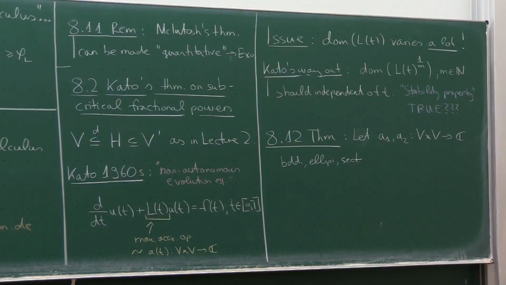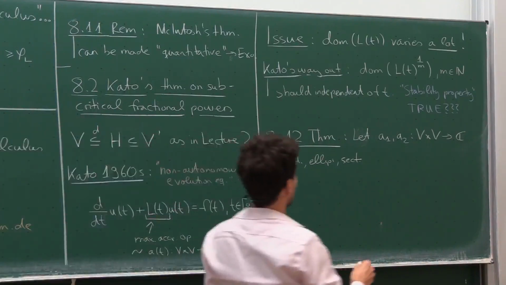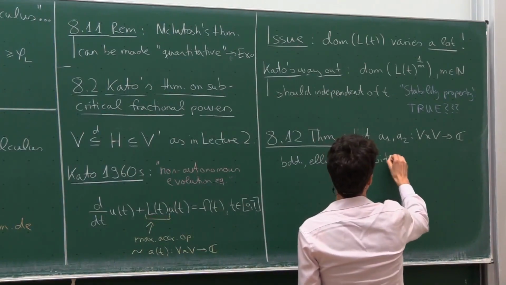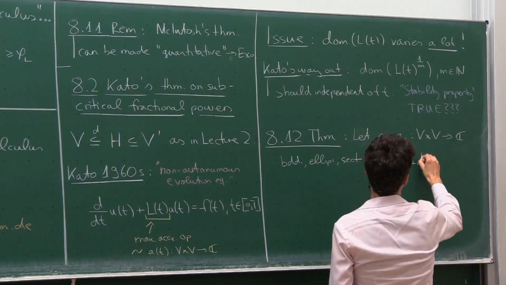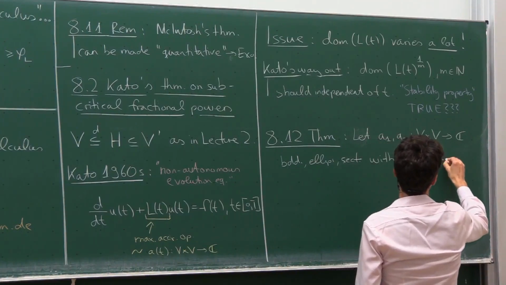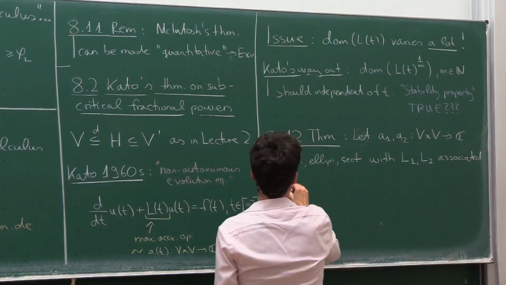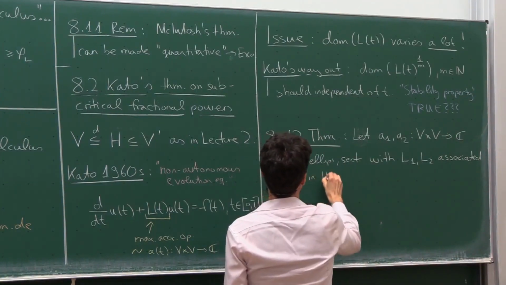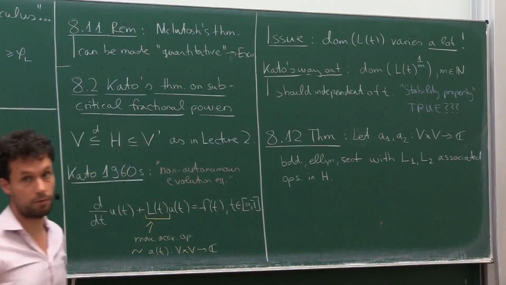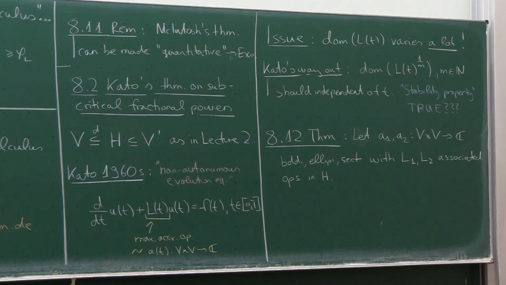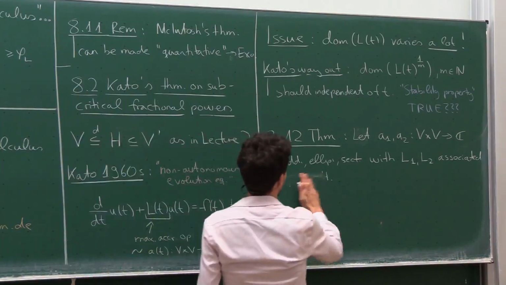You know that small a is always a sesquilinear form in my writing; I'm going to suppress that when I write it on the board. And these guys generate L1, L2, the associated operators in H. So two sesquilinear forms fit into the framework where they generate an m-accretive operator, and these I'm going to call L1, L2.